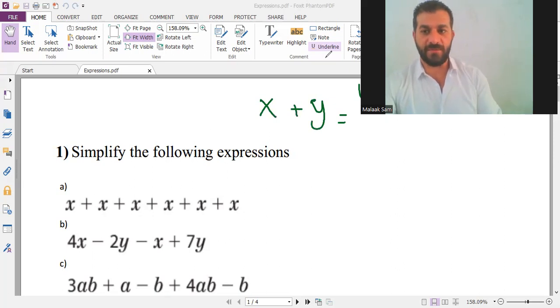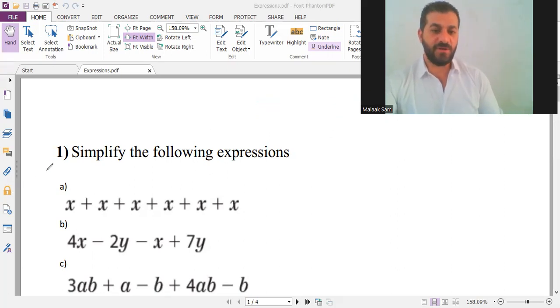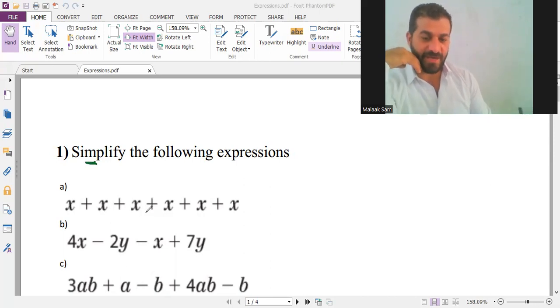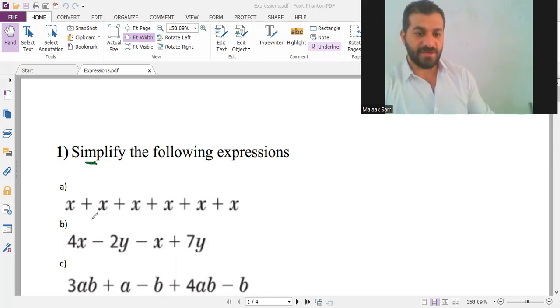We couldn't add them. But we simplify expressions by collecting like terms. So if I have x plus x plus x plus x plus x plus x, how many x's do I have? I have 1, 2, 3, 4, 5, 6. So we will write 6x.